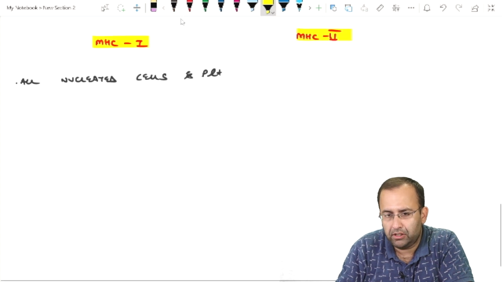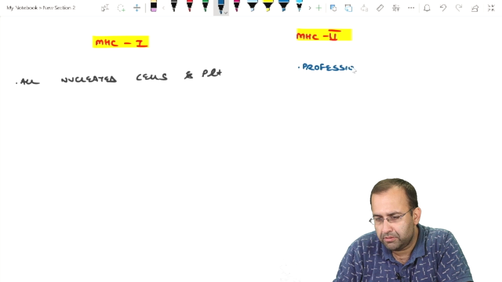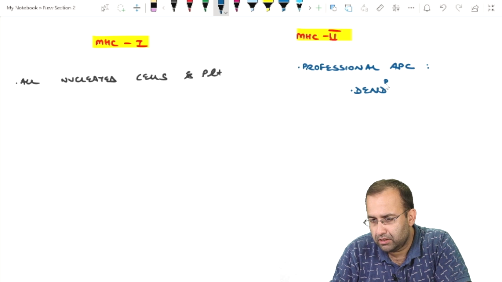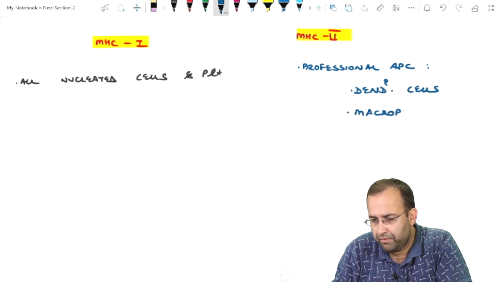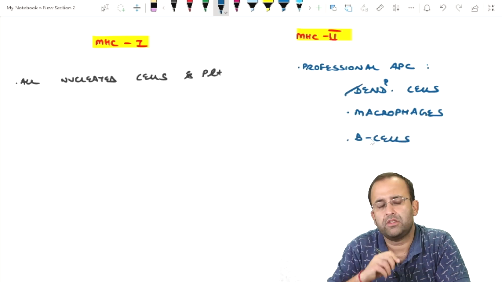Versus MHC2, which is present on professional antigen presenting cells. Which are the professional antigen presenting cells? They are the dendritic cells, macrophages, and B cells. Which is the most potent professional antigen presenting cell? Dendritic cell. Dendritic cell of the skin is called Langerhans cell. You know that.